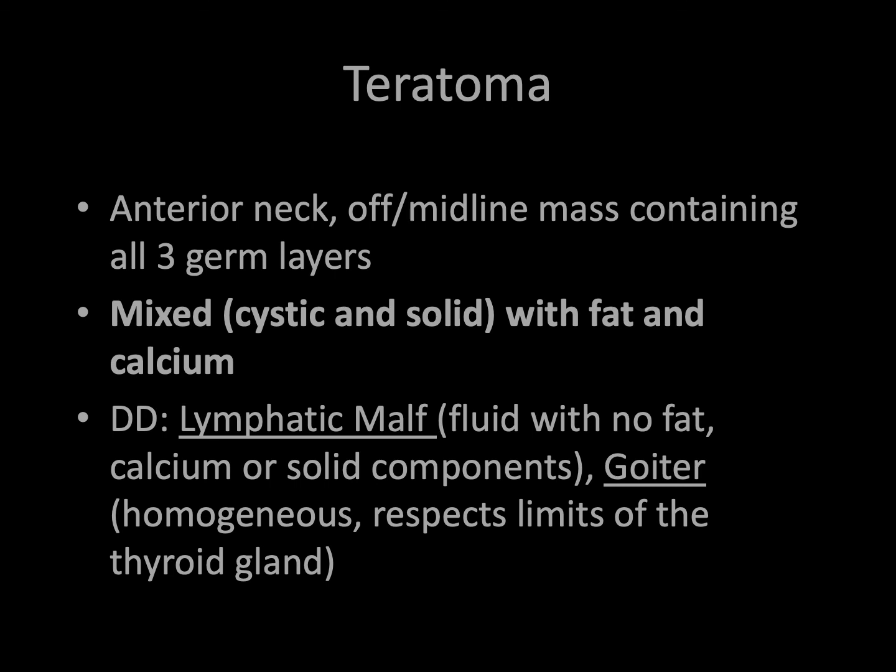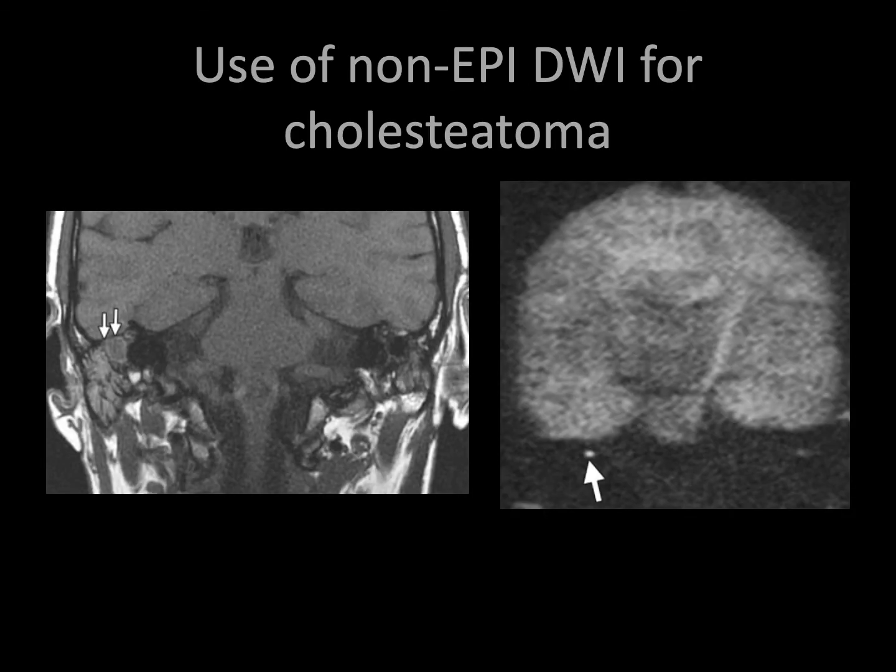A teratoma is mixed cystic solid and can have fat and calcium, and T1 pre is very useful to pick up areas of fat in the lesion. Finally, the use of the diffusion is helpful not only in tumors, as I showed you before, but also in cholesteatoma.